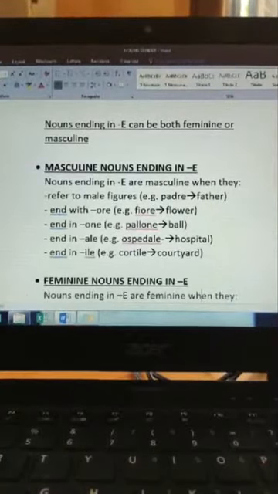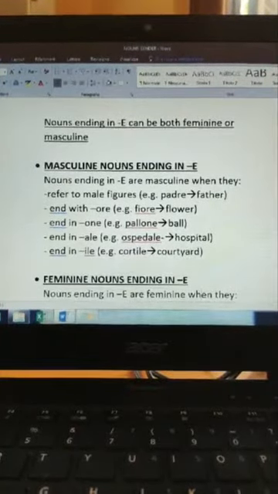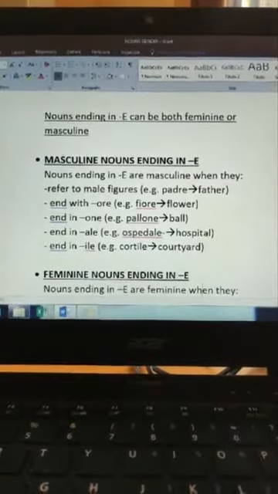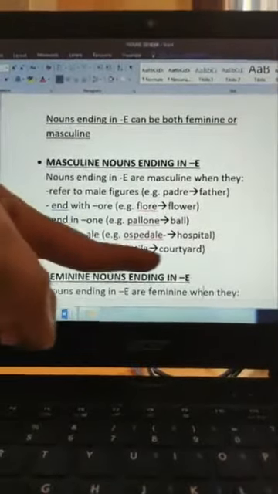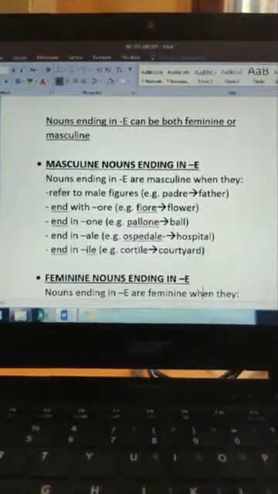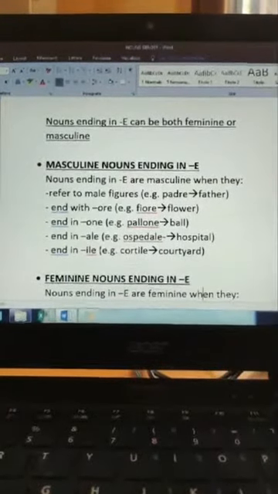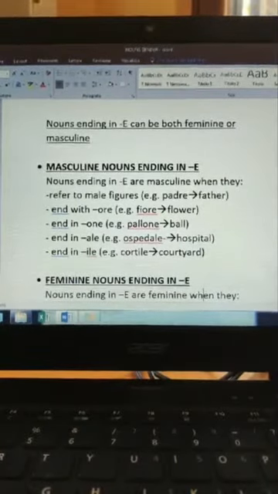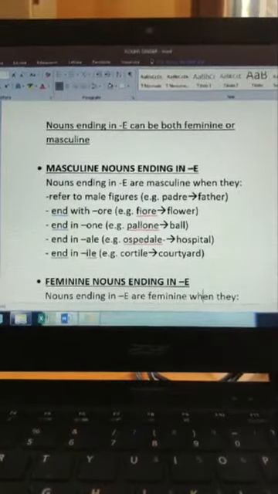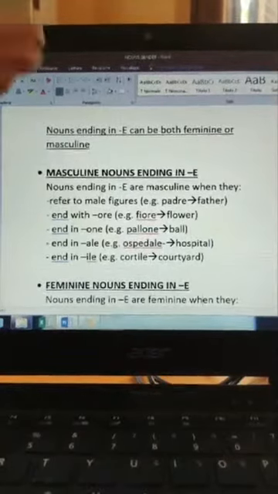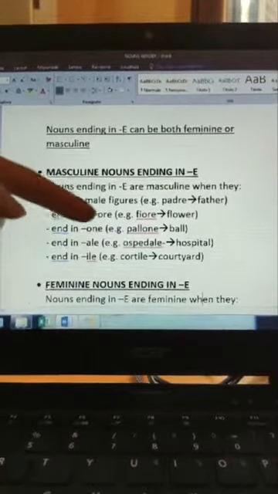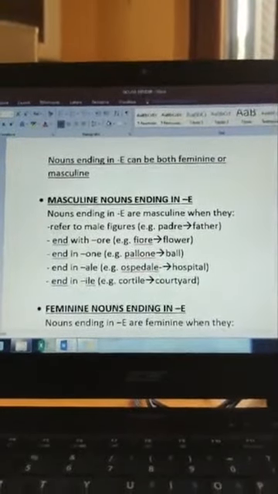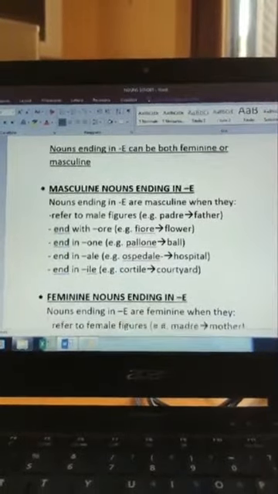And if they end with ile, they're also masculine, as in cortile, courtyard. Okay, so all you need to do in order to know if a noun that ends with E is masculine is learn these things by heart. Unfortunately, there is no other way, and it just takes practice and then you'll be fine, I'm sure.